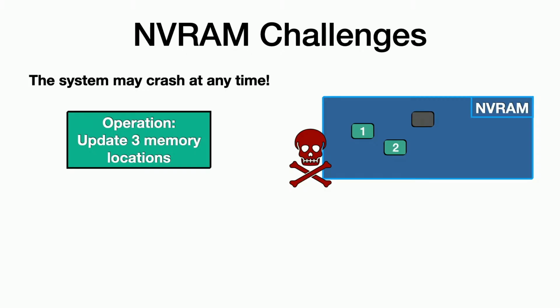I now wake up and I find that I have 2 updates and not 3 in my memory. If I had just DRAM, I would have 0 of these updates, so it would be fine. It would be like, okay, I never started this operation, but here I could find myself in this intermediate state, and possibly the process that started executing this operation is no longer there, nobody knows how to complete it. So I could find myself in this inconsistent state just because operations could crash in the middle, but still leave their traces there.